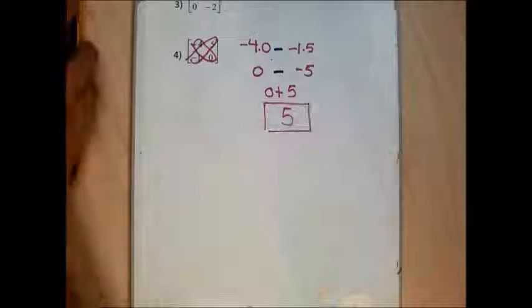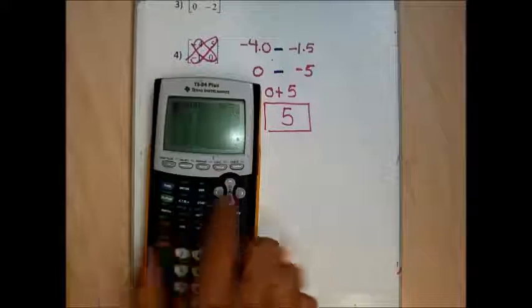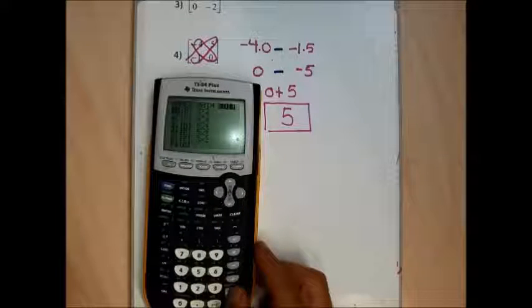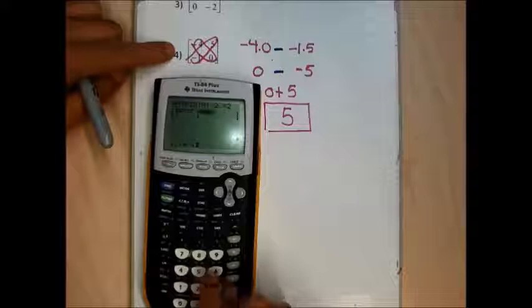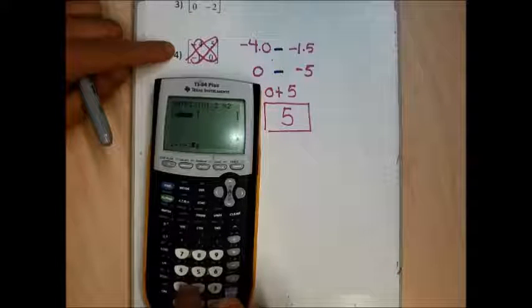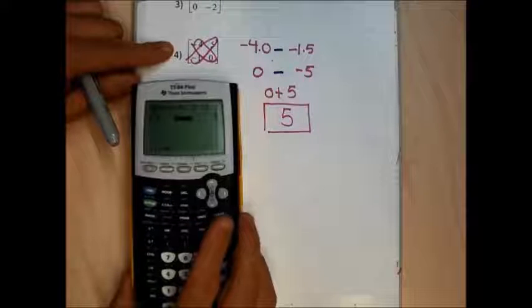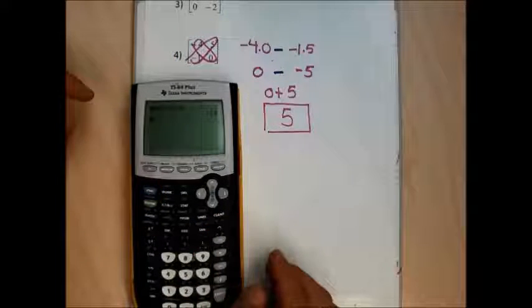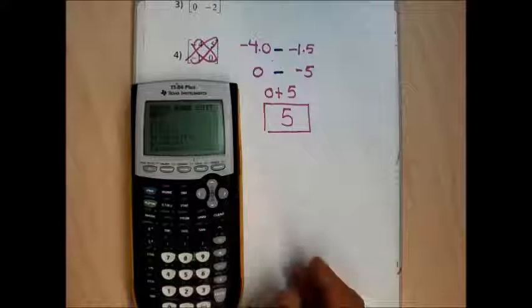Let me get this now on my calculator. So second matrix, arrow over to edit. In matrix A, I'm entering the 2 by 2 matrix, negative 4, 5, negative 1, and 0. Have the matrix in now. So I'm going to go second and quit. Second matrix, arrow over to math.